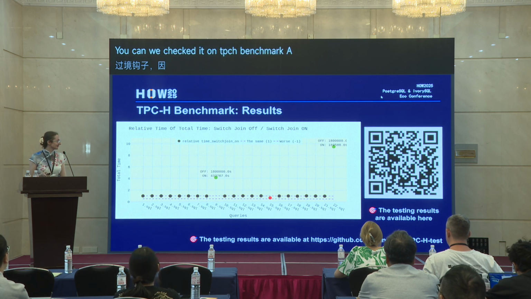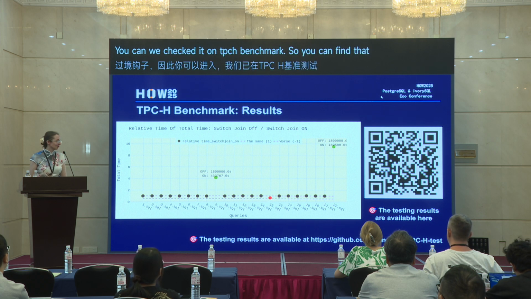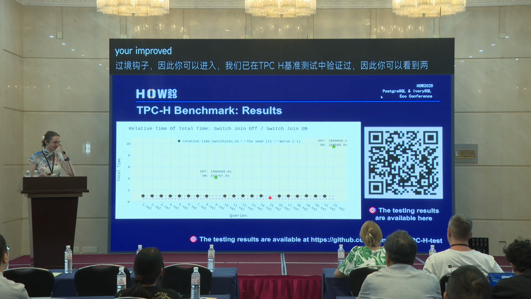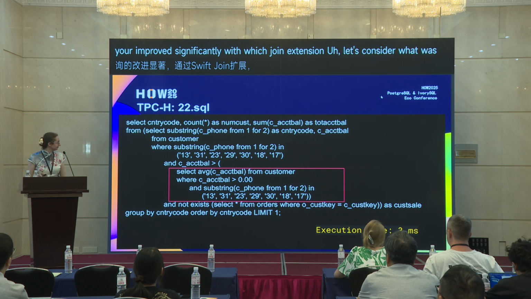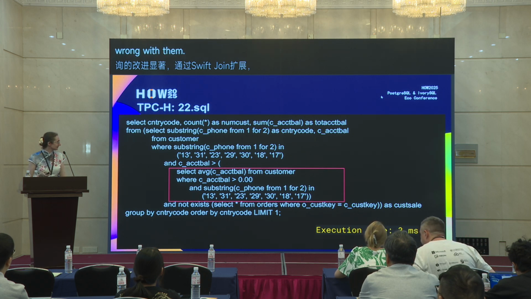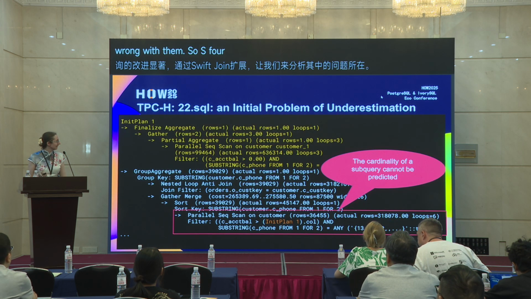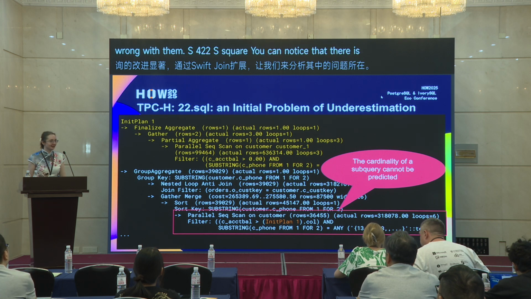So you can find that two queries were improved significantly with the switch join extension. Let's consider what was wrong with them. As for query 22, you can notice that there is a subplan here.